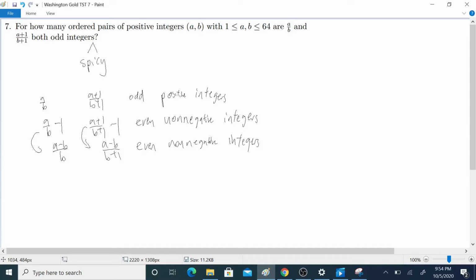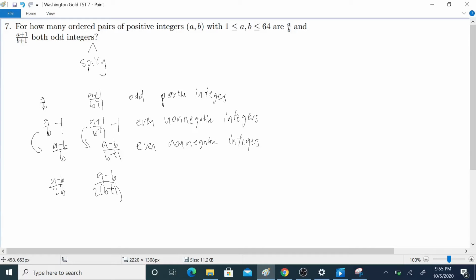So what does this tell us? We know that (a−b)/2b and (a−b)/(2(b+1)) must be non-negative integers.